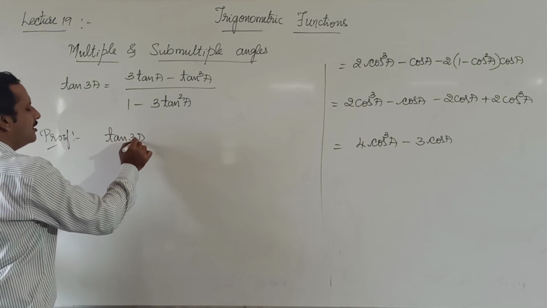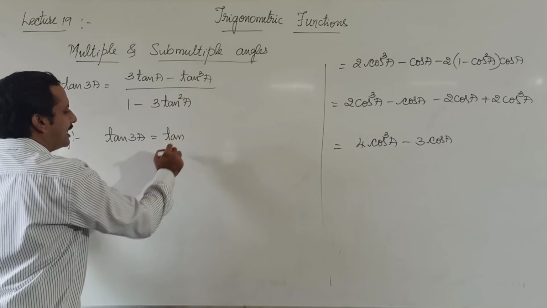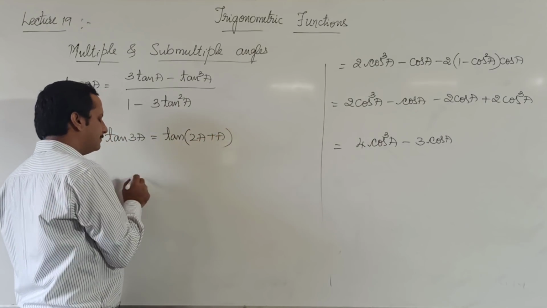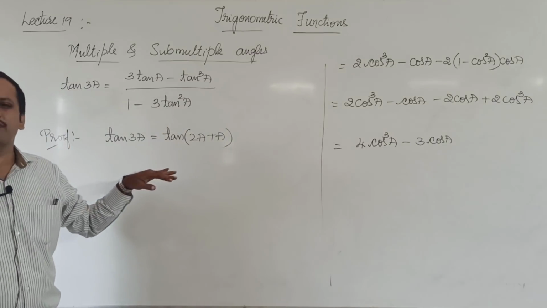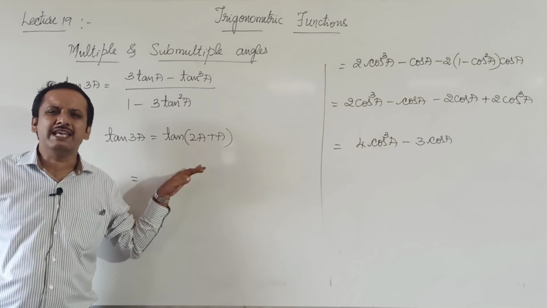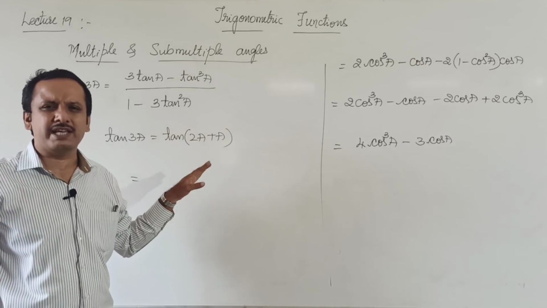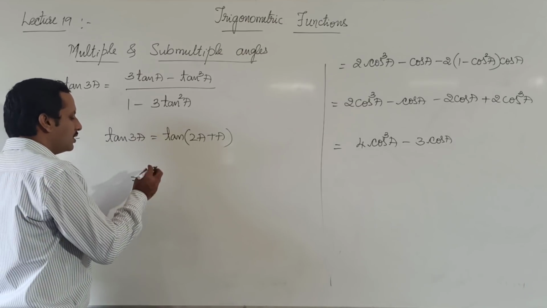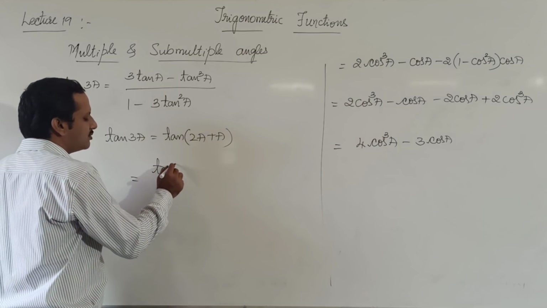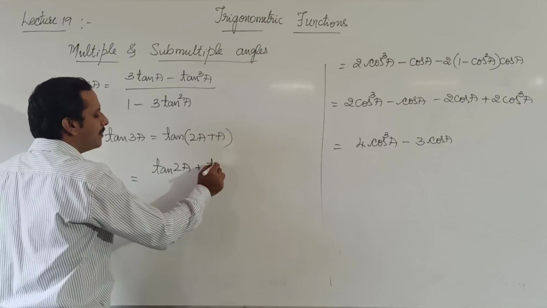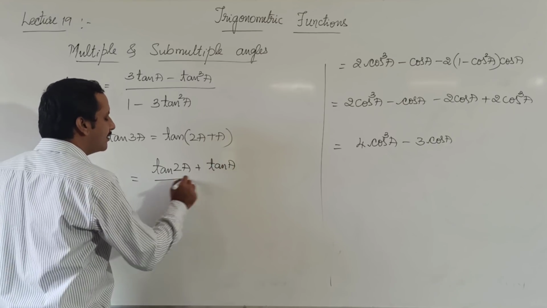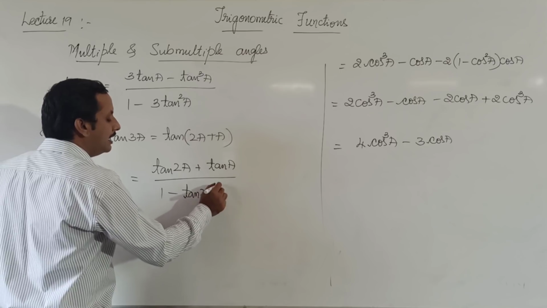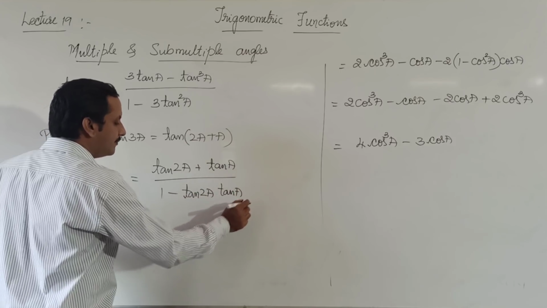Tan 3a, as usual, we will write 3a as 2a plus a. This is of the form tan a plus b. Tan a plus b is equal to tan a plus tan b divided by 1 minus tan a tan b. So using that formula, this will become tan 2a plus tan a divided by 1 minus tan 2a into tan a.